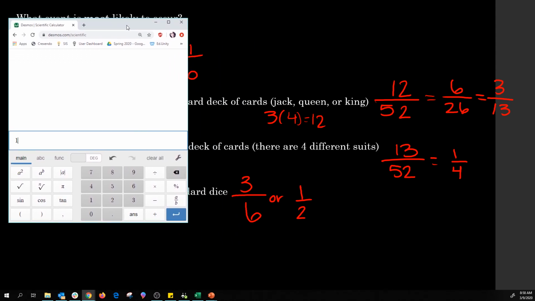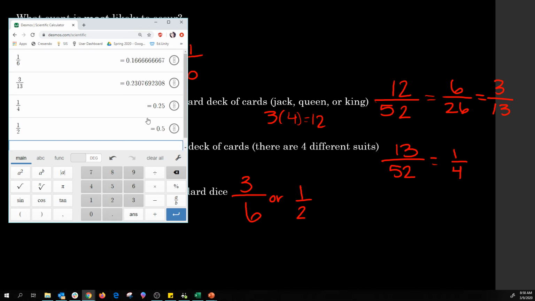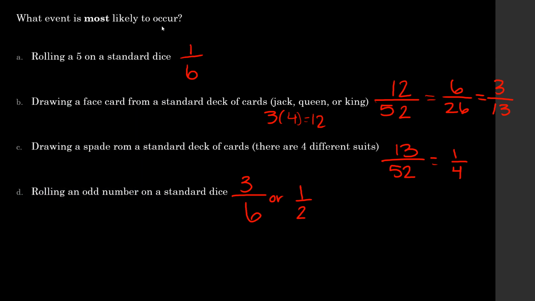So I have 1/6, I have 3/13, I have 1/4, and I have 1/2. So looking at the decimals might make it a little bit easier. By looking at these decimals, I can see that 1/2 has the largest probability, which means that 1/2 has the biggest decimal, so that event is most likely to occur. So D, rolling an odd number on a standard dice.